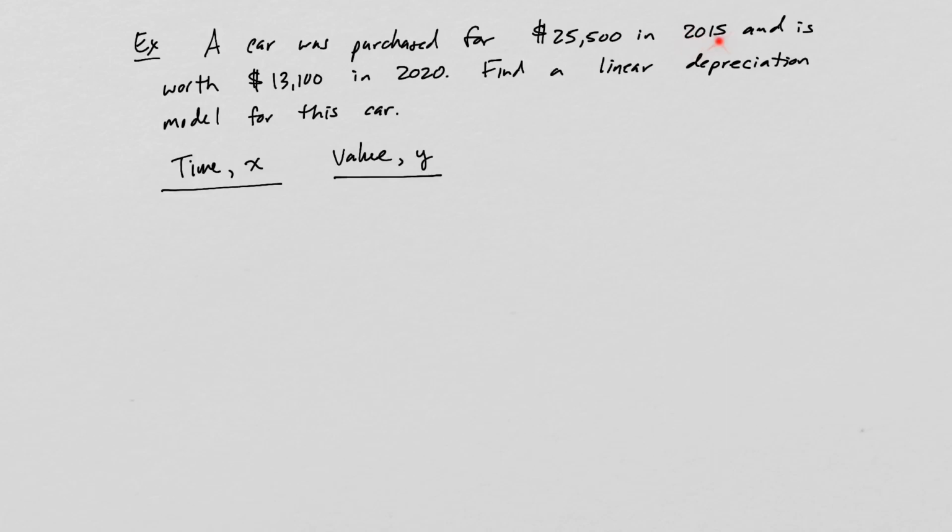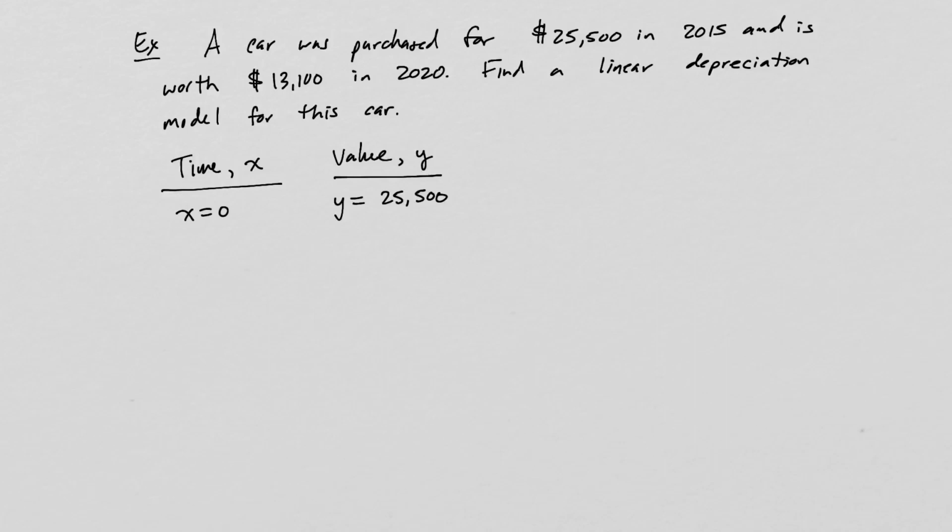Instead of saying 2015 for the time here when the car is brand new, let's associate a brand new car with being time equals 0. It's when you first buy the car. So when x is 0, which represents the year 2015, the value of the car is $25,500.